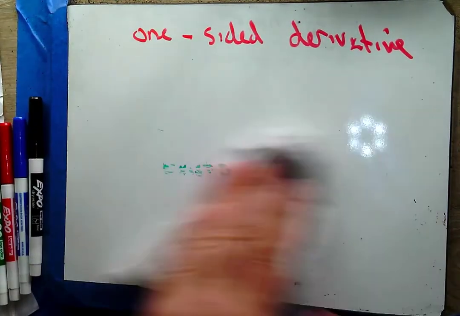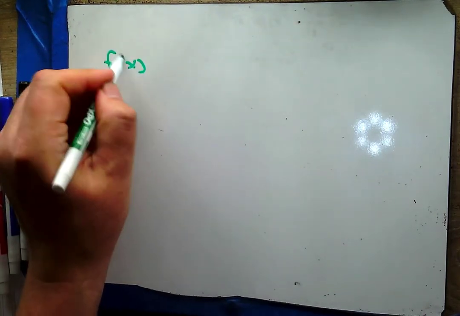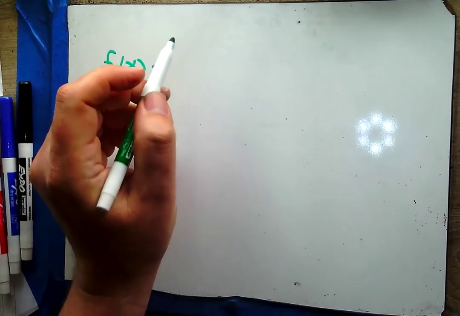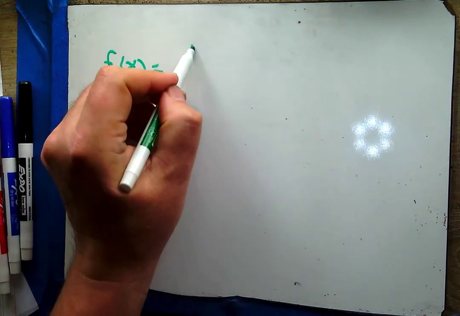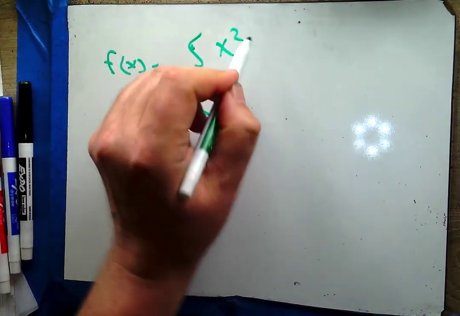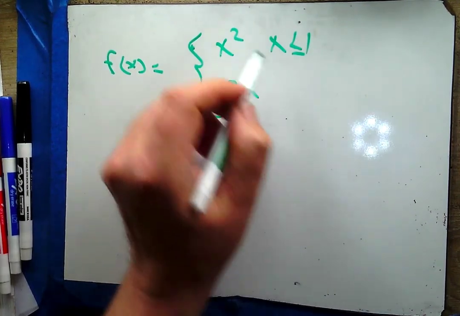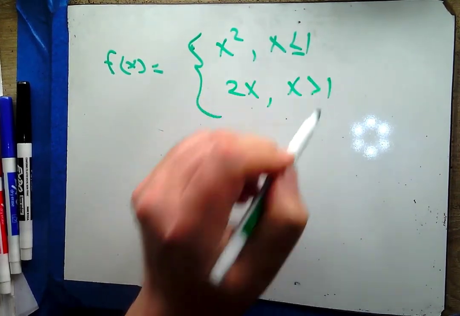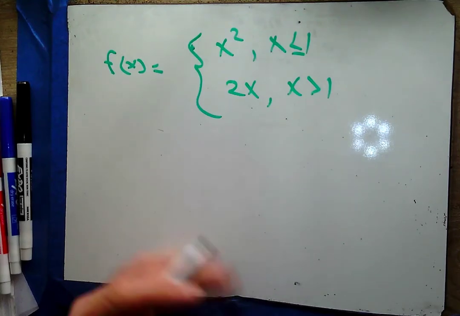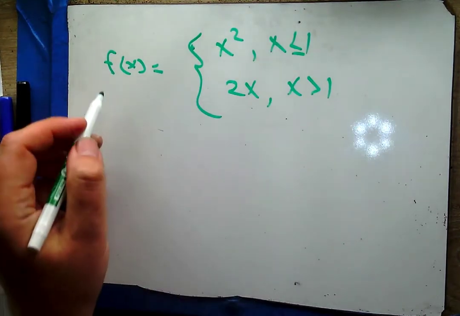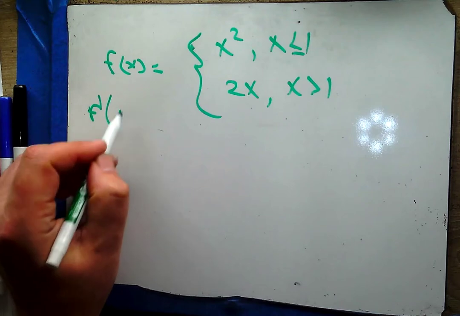Okay, so now it's your turn. How about this one? f of x equals x squared for x less than or equal to 1, and 2x for x greater than 1. Determine if this function is differentiable at 1.